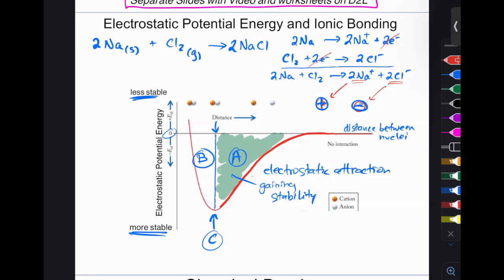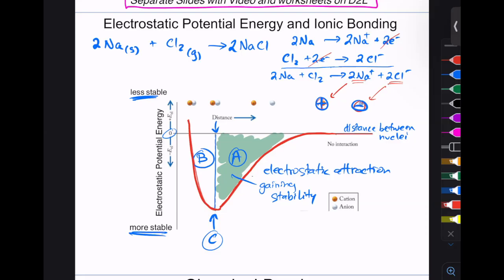Okay, but then what happens when we pass this point C and start going back up here? What's happening in region B? Yeah, now we're getting them so close together, because they're stable that way.